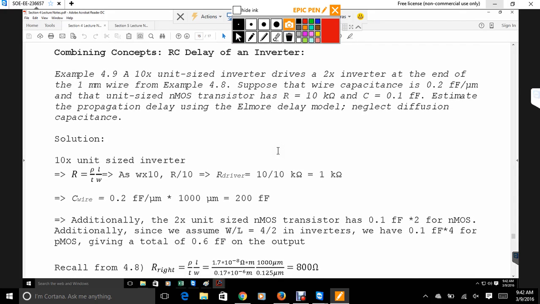Now we're going to start talking about how we use wires to determine how we drive cells. Here we have an inverter. Remember, we did all our equations from section 3 about how to size transistors and how to do Elmore delay.